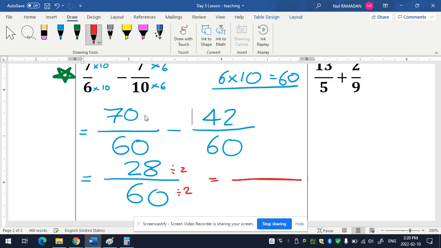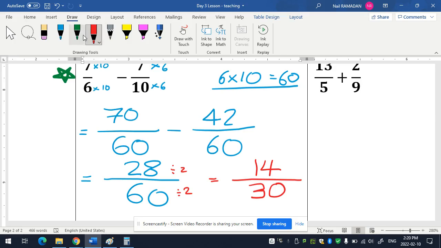Equals. What's 28 divided by 2? 14. What's 60 divided by 2? That's 30. What did we end up with? 14 and 30. Another 2 even numbers. Guess what? There you go.